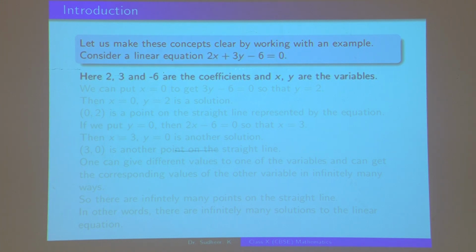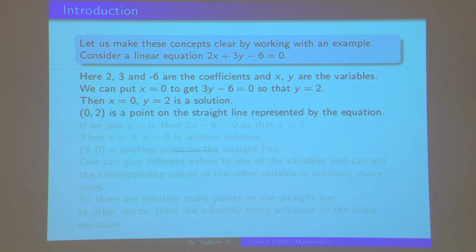Let us make these concepts clear by working with an example. Consider a linear equation 2x plus 3y minus 6 equal to 0. Here 2, 3, minus 6 are the coefficients, x, y are the variables.